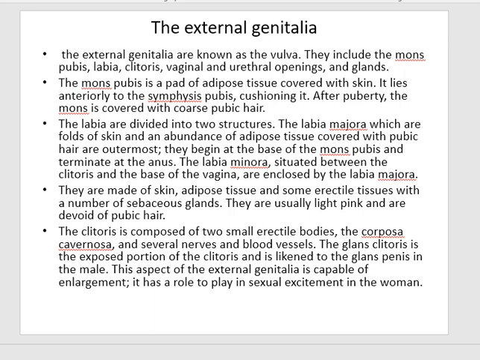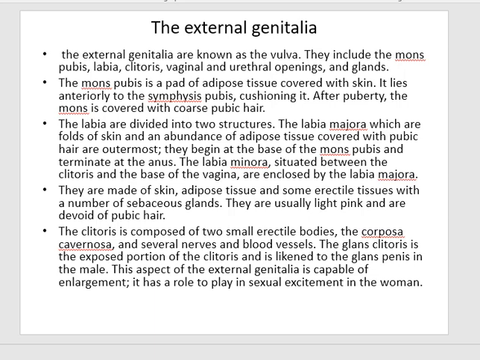The labia minora, situated between the clitoris and the base of the vagina, are enclosed by the labia majora. They are made of skin, adipose tissue, and some erectile tissue with a number of sebaceous glands. They are usually light pink and are devoid of pubic hair.